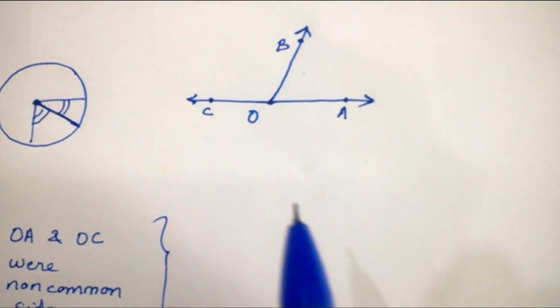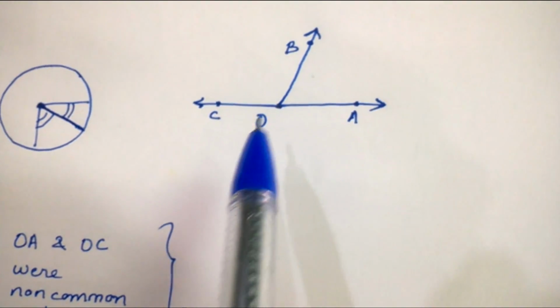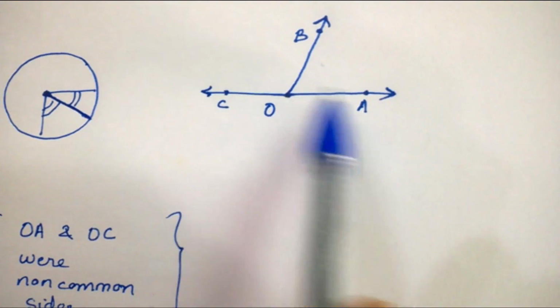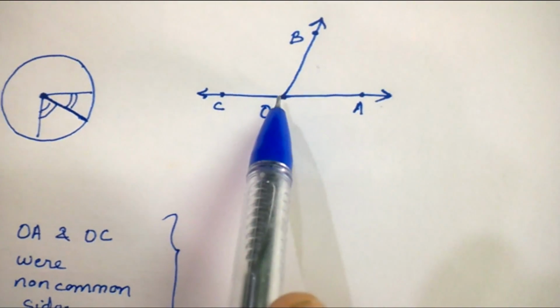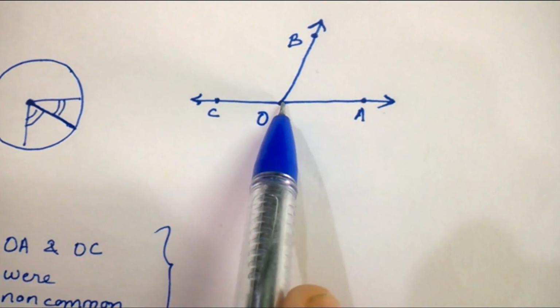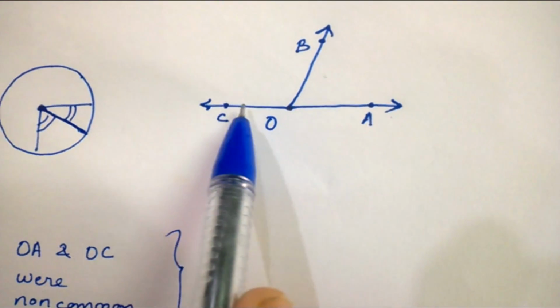correct? But the statement says that along with being adjacent, the non-common sides, what is the non-common side over here? OA and OC, correct? OB is the common side, OA and OC are the non-common sides. So the non-common sides should form opposite rays. So they are forming opposite rays.